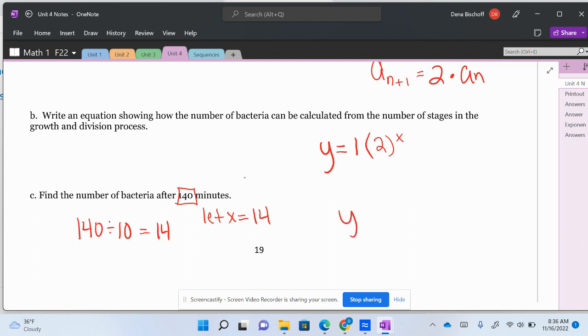So we're going to use this function, y equals 1 times 2 to the power of 14, to figure out how many bacteria are in our hand after 140 minutes. So who's calculating that? 16,380 bacteria after 140 minutes.